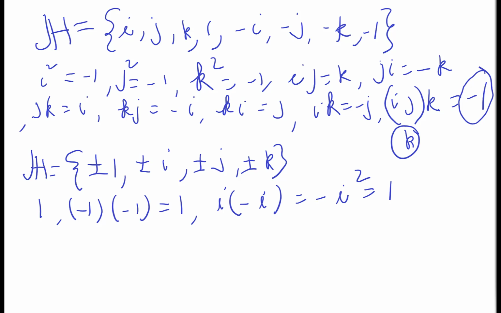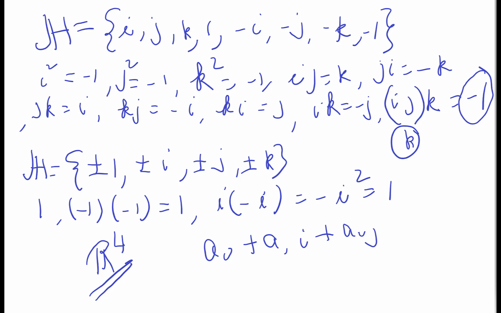And actually what Hamilton did in this way is that he gave us a multiplication on R4. If you write an element of R4 like this, he gave us a good looking multiplication in R4.